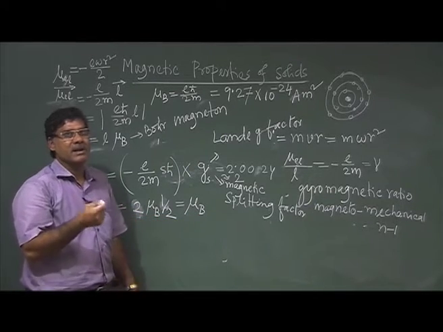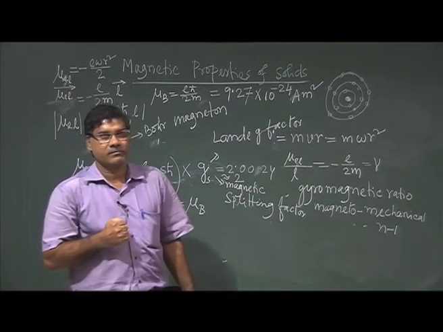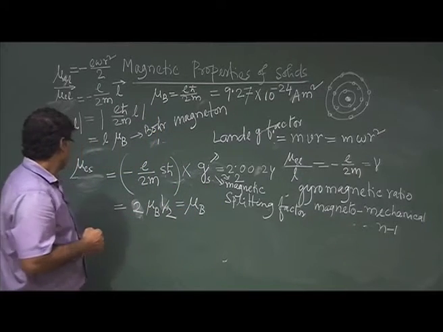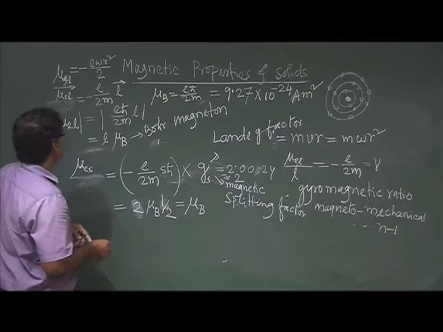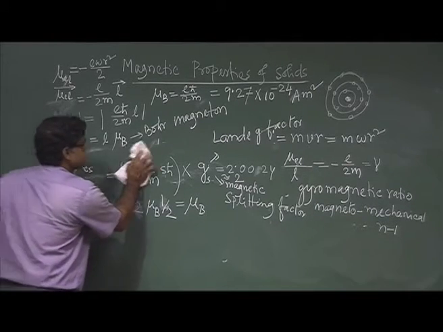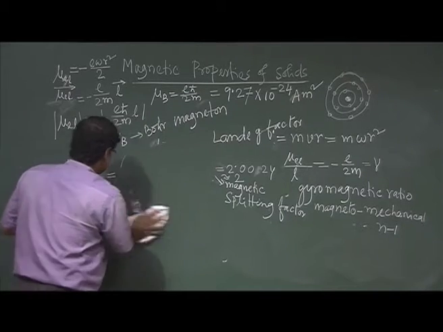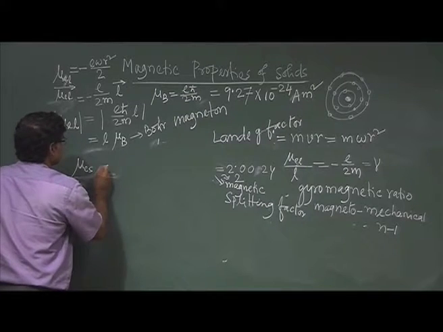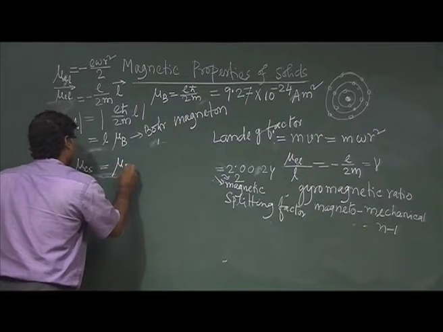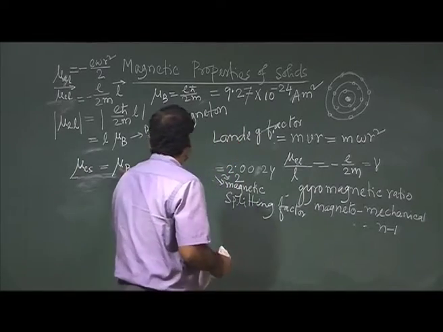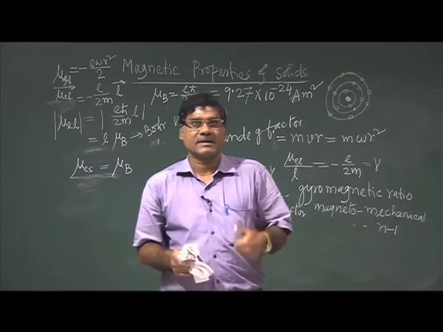Each spin will give a magnetic moment of mu_B. So, I can write mu_s is mu_B.